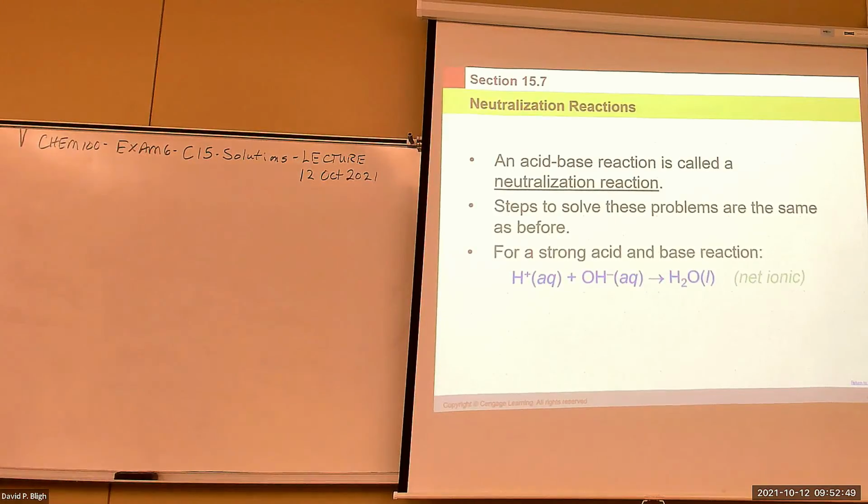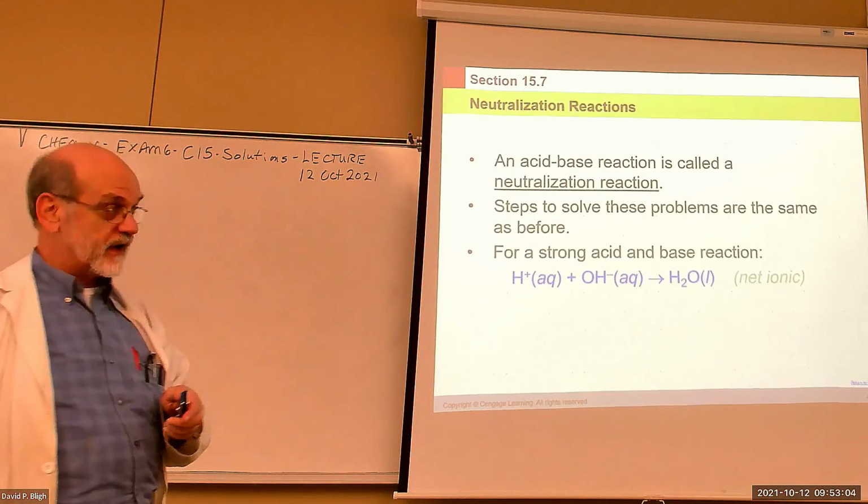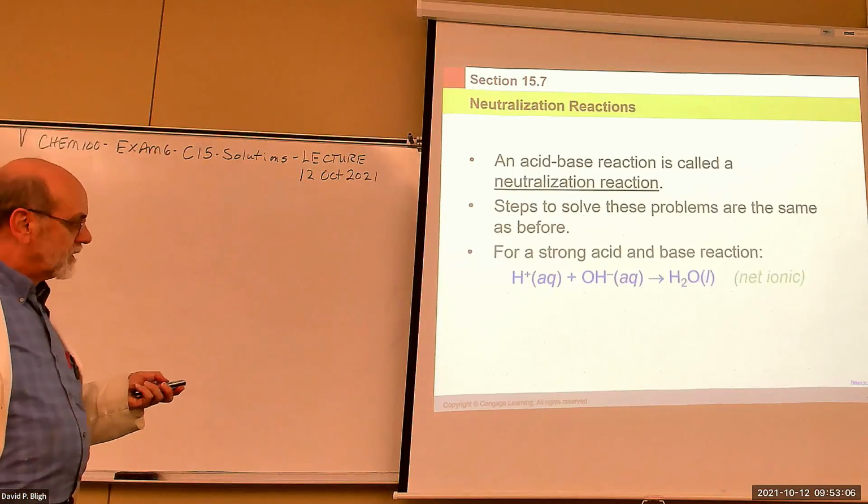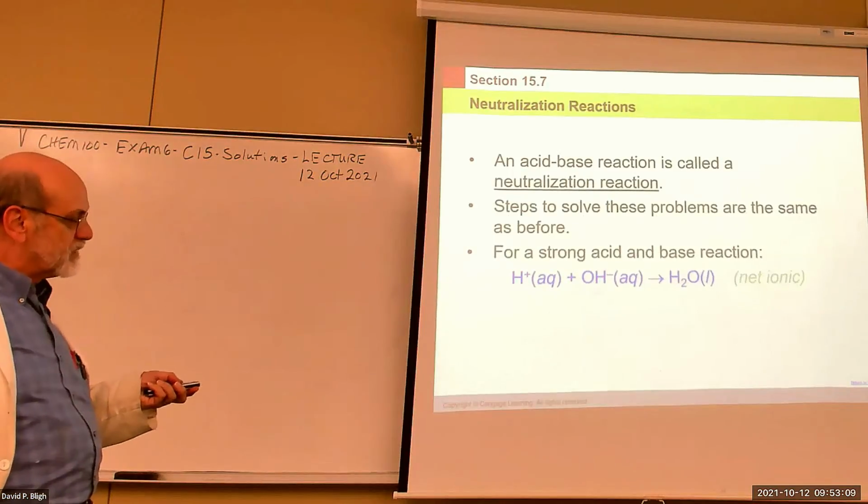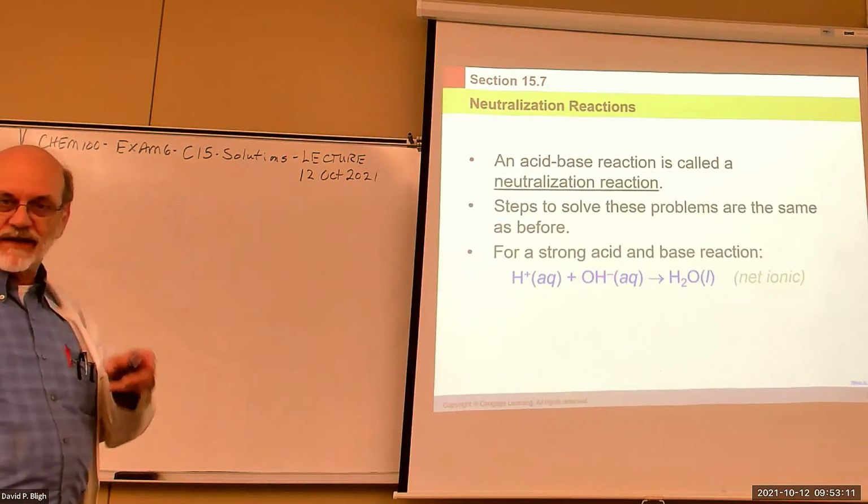Let me be sure we've covered that already. That's chapter 16. We haven't covered acids and bases yet. All right, so this is going to be a bit strange. This means an acid, this means a base. When you put them together, you always get water.